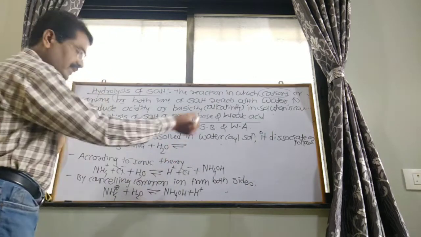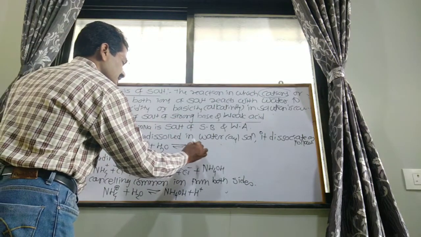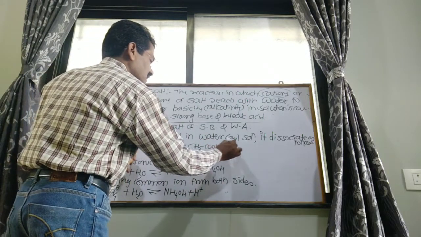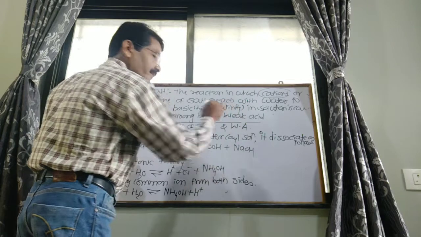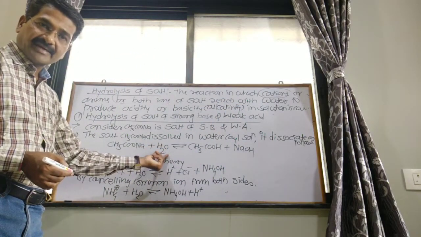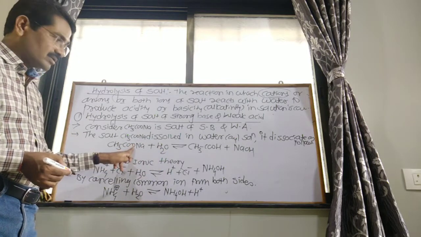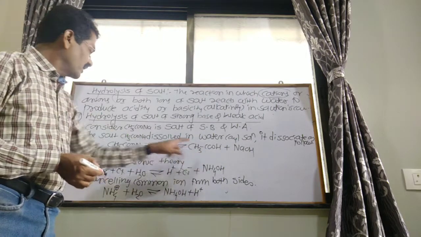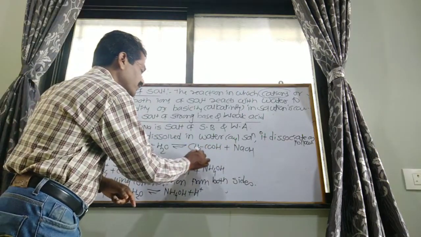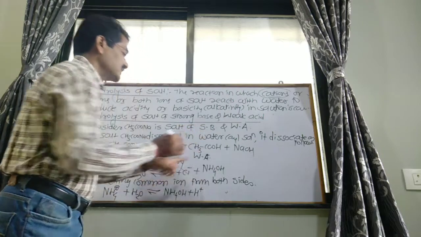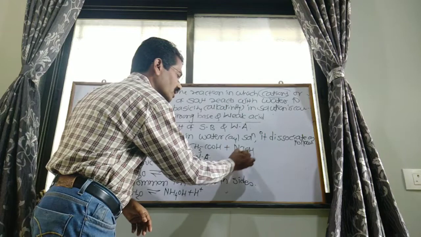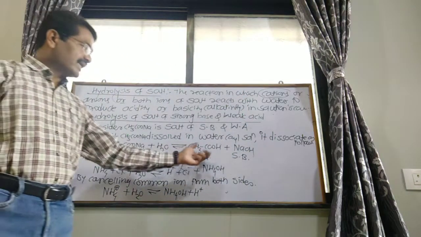On the right side, it gives CH3COOH plus NaOH. How? By breaking water, it gives H plus and OH minus ions. H plus attaches to the COO to form acetic acid, and OH to the Na gives sodium hydroxide. Acetic acid is the weak acid and sodium hydroxide is the strong base.